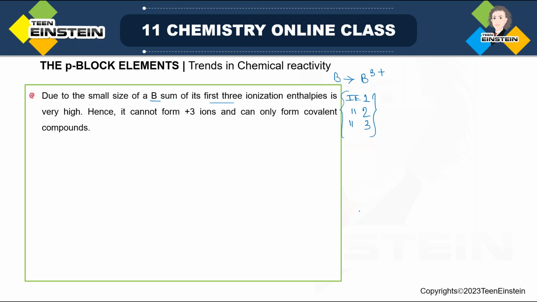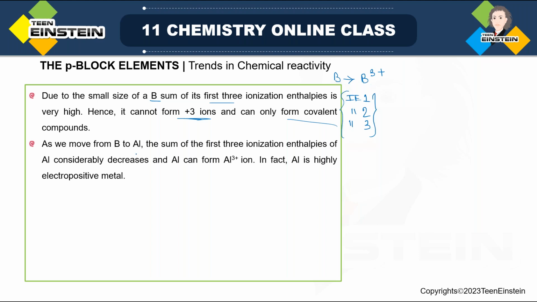So that is mentioned here. Because the sum of the first 3 ionization energies is very high, we cannot provide it so easily. So it cannot form this type of free ions, but it has to form covalent compounds. It has no other option. And covalent compound means sharing of electrons, that we know happens in covalent bonds. That will take place.